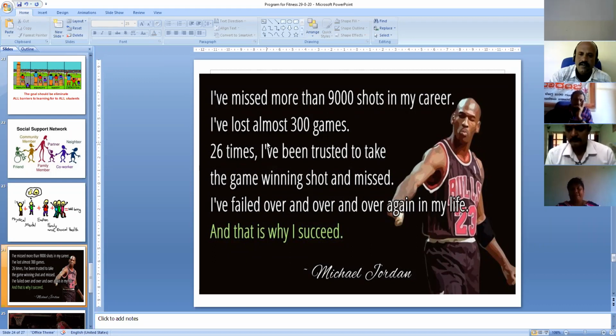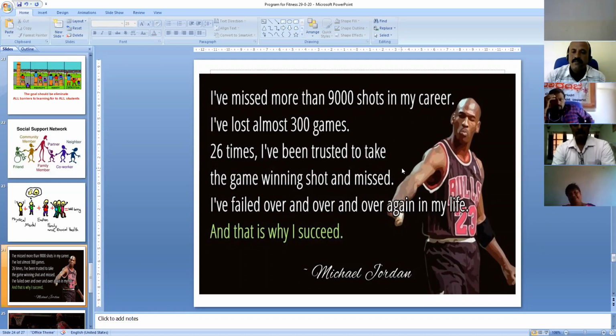He is known for better shooting, but he also missed 9,000 shots, and he did not win all the games. He lost 300 games, and even when the team trusted him for winning, he missed and lost the matches. He failed over and over again, but ultimately he succeeded. So that is the psychological quality a player should have.